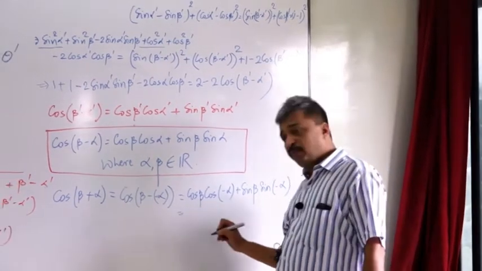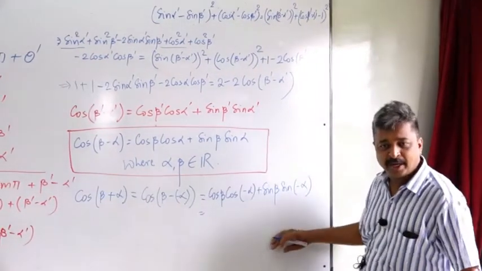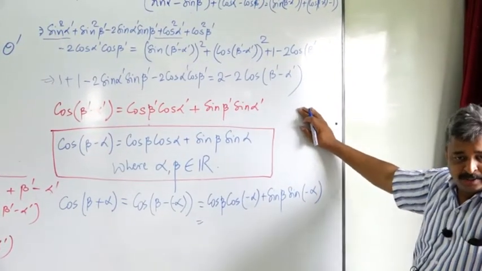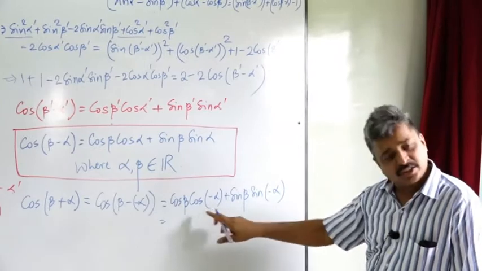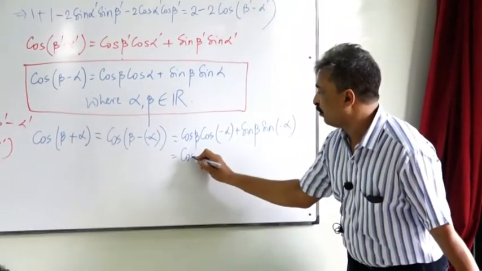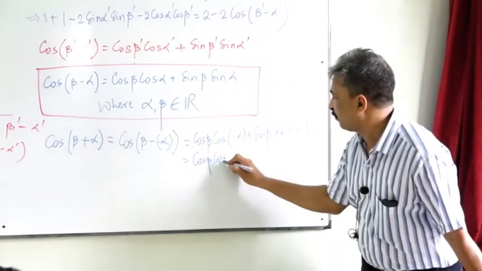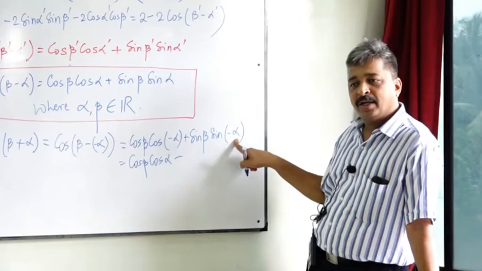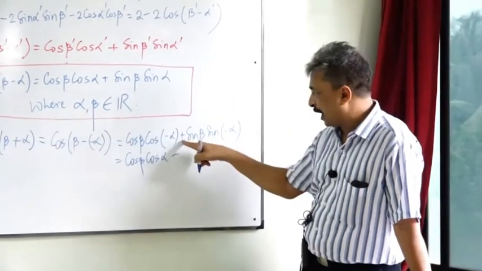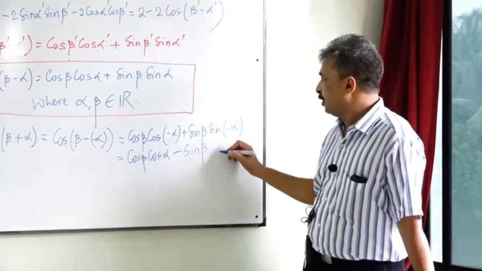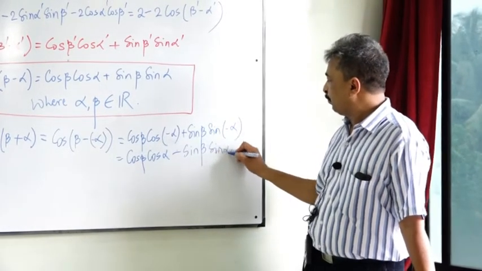So now we need to remember a few things when we are learning, because we don't have time in between to go home and study. So what is cos of opposite of alpha? Cos alpha. So cos beta cos alpha. What is sin of opposite of alpha? Minus sin alpha. So I can take that minus sign outside, and hence I get the formula with minus sin beta sin alpha.